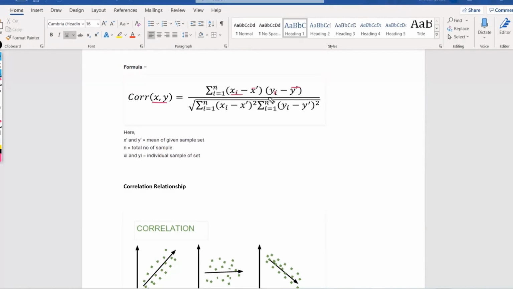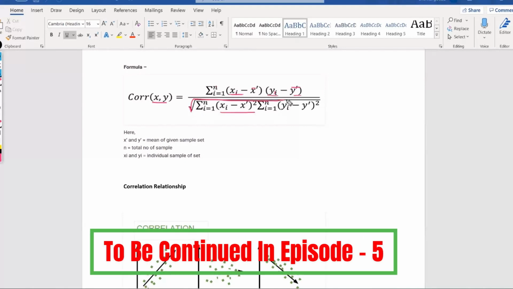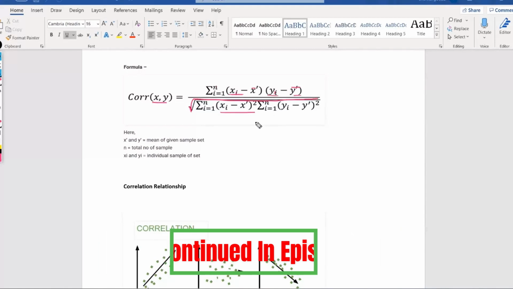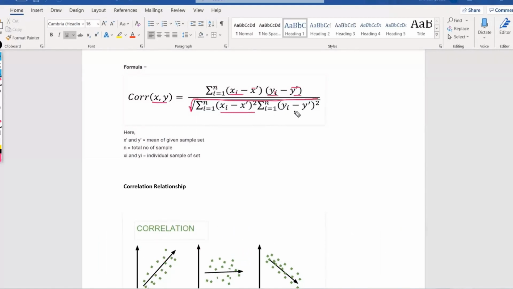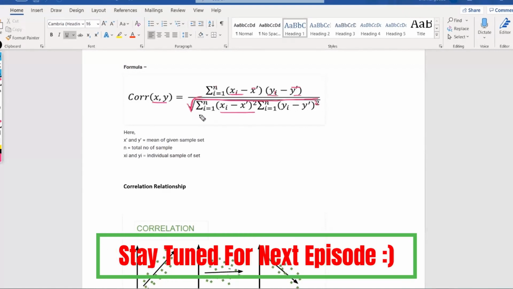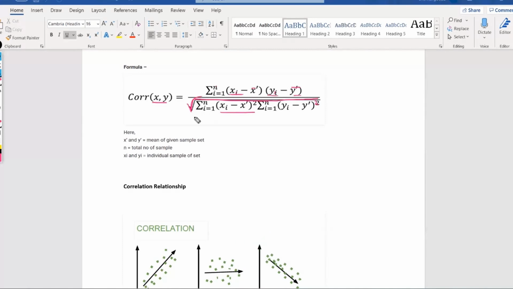We have seen this formula in the covariance, the same kind of concept here as well. But in the denominator, we have a square root formula: Xi minus X mean whole square, Yi minus Y mean whole square, under a square root. So this is basically the correlation formula. This is how I will be able to find the correlation of two variables, X and Y.